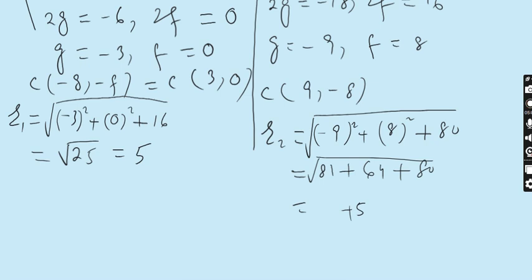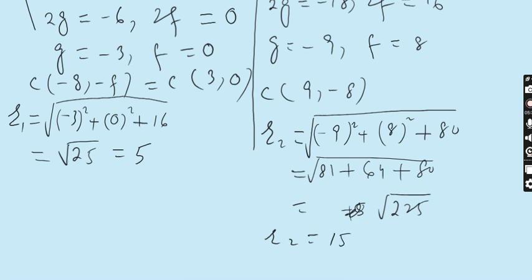Okay, sorry for this, there is some problem. So the answer of 81 plus 64 plus 80 is 225. So R2 is the square root of 225, which is 15.